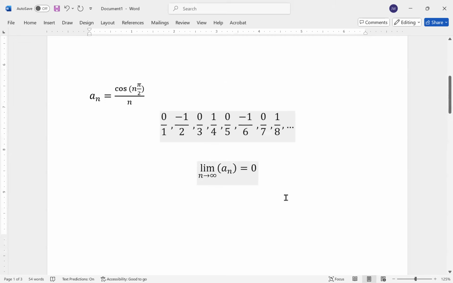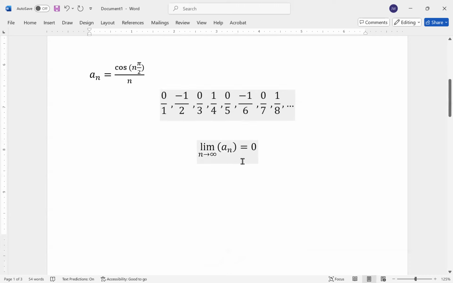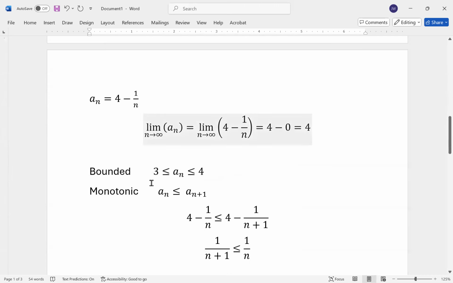Just because it's not monotonic doesn't mean it doesn't have a limit. We're saying if it is bounded and is also monotonic, then it will have a limit. But if it's not monotonic, it may also have a limit, but it may not as well. And that's where the tricky part comes in.